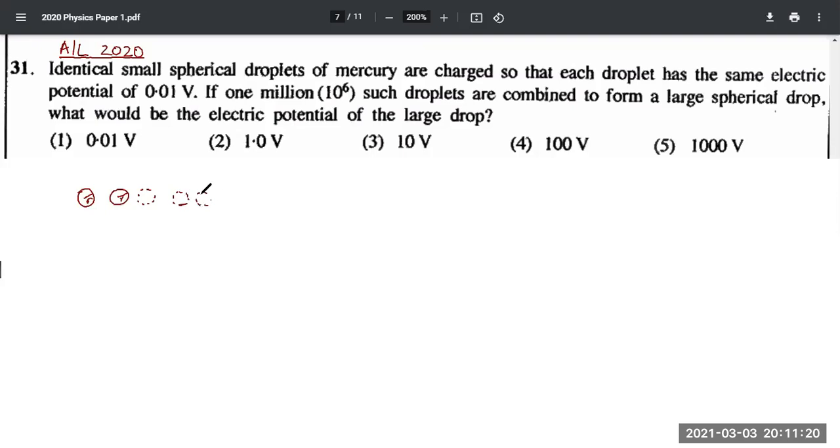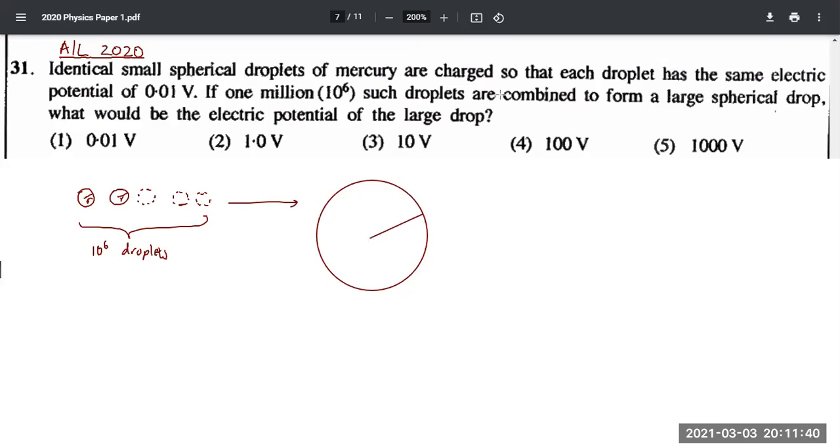They are saying 1 million droplets, so 10 to the power 6 droplets. And using them, they are going to create a huge single drop, like this. So the new drop will have a new radius, capital R.